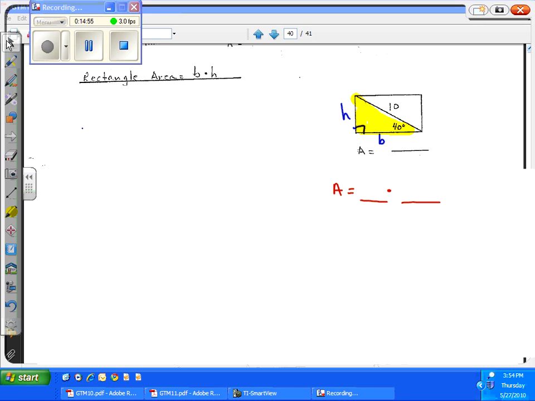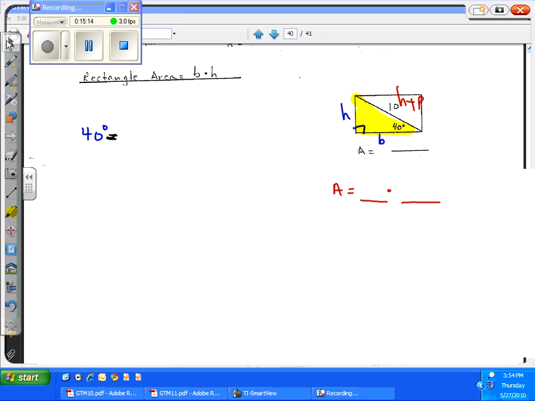We're going to have to use a trigonometric ratio. So we write down the angle, which is 40 degrees. We look at the sides, see how they're related to the angle. Now the side we know is the hypotenuse. And then we got to figure out which one we want to find first.